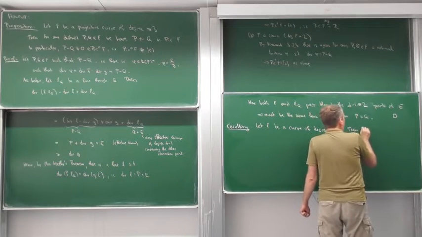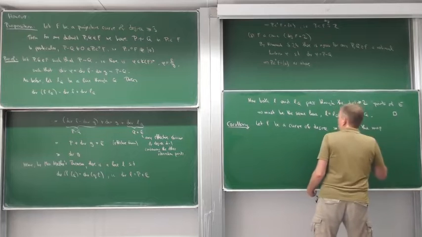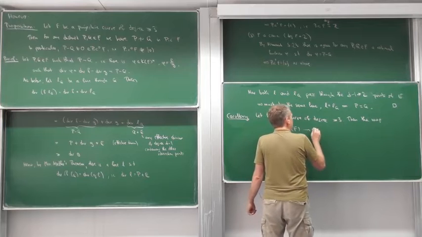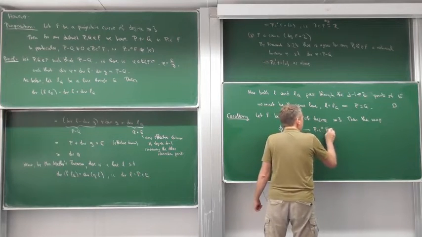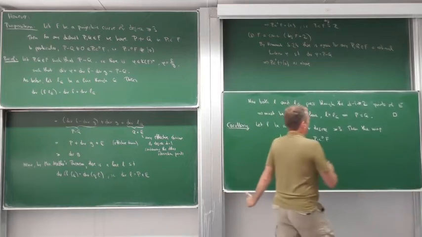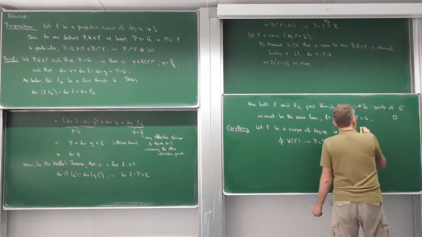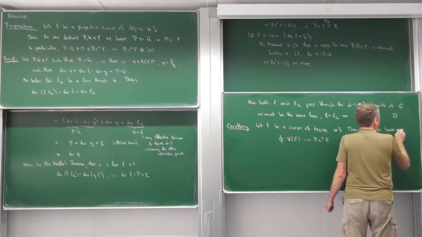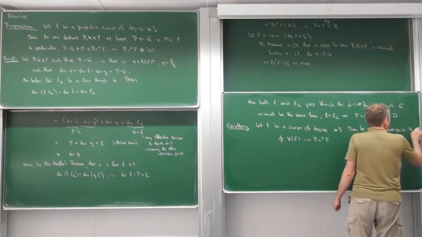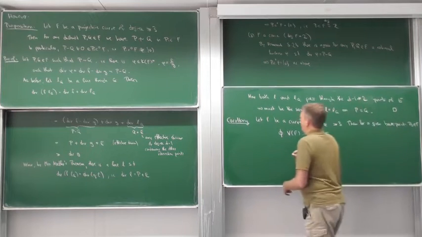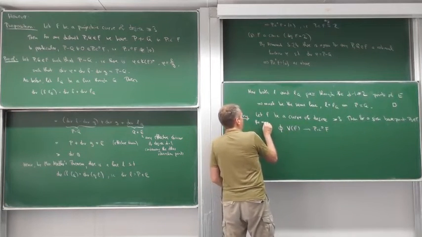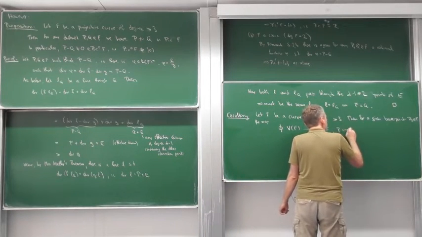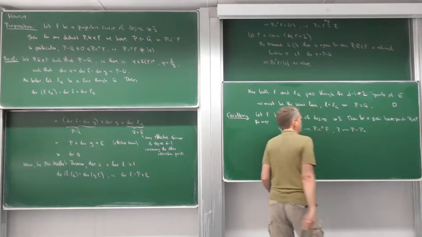Then the map, let me call this capital Phi, goes from the points of F to the Picard group, Pic 0 of F. We should actually pick a base point. So for a given base point P0 in F, the map from V of F to Pic 0 of F sends any point P to P minus P0.